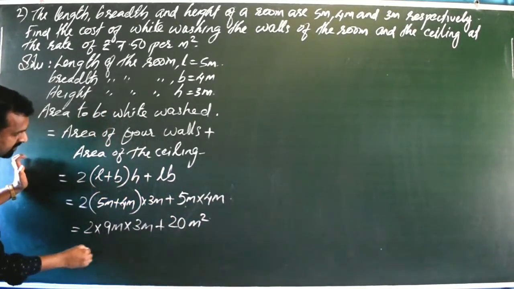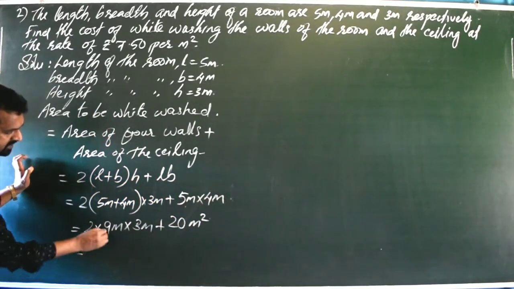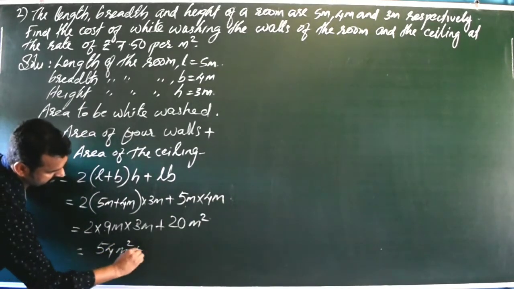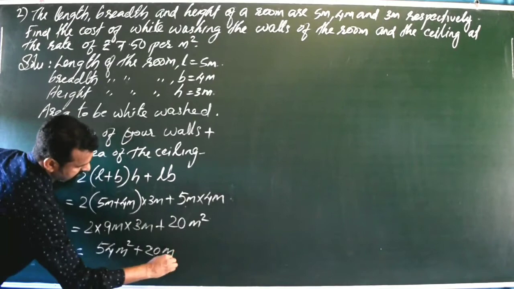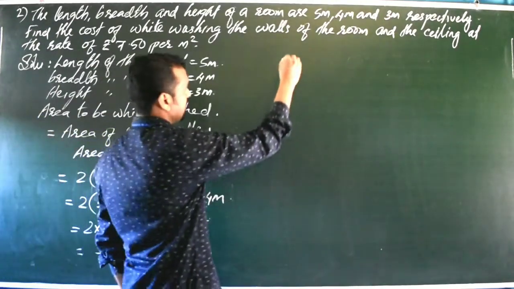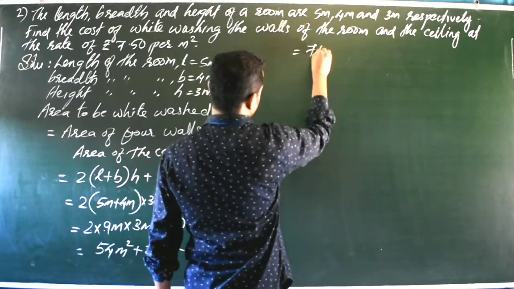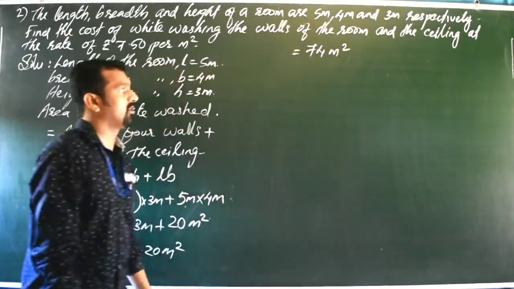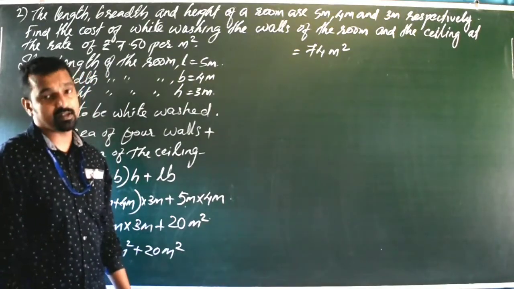Then 2 threes are 6, 6 nines are 54 meter square plus 20 meter square. 54 plus 20, that is 74 meter square. So area of the 4 walls and the ceiling is 74 meter square.